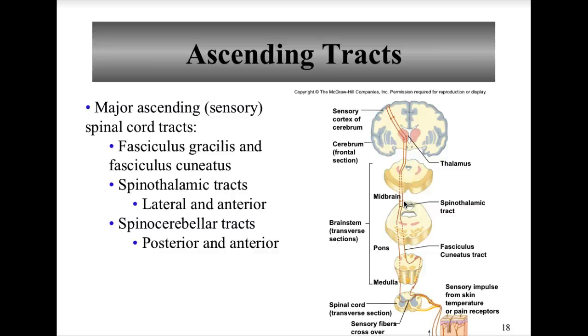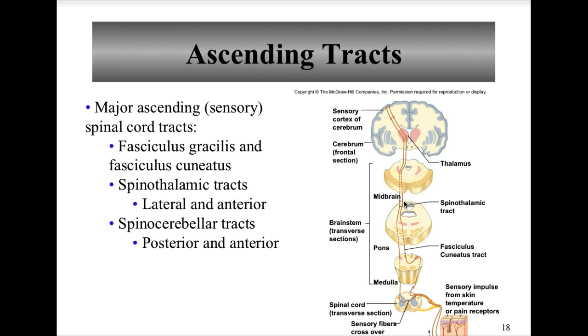And then you have the spinocerebellar tracts. Anteriorly, it's located in the anterior superficial lateral column, and posteriorly, it's located in the superficial lateral column. The information carried there is going to be sensation of movement of the lower limbs.